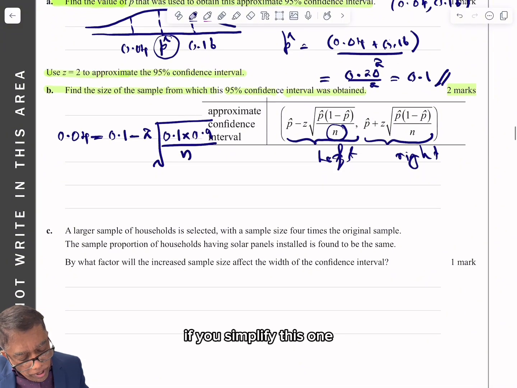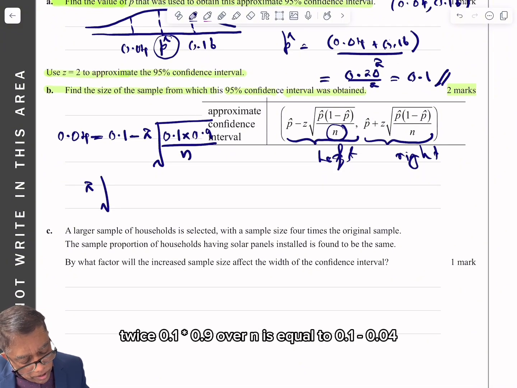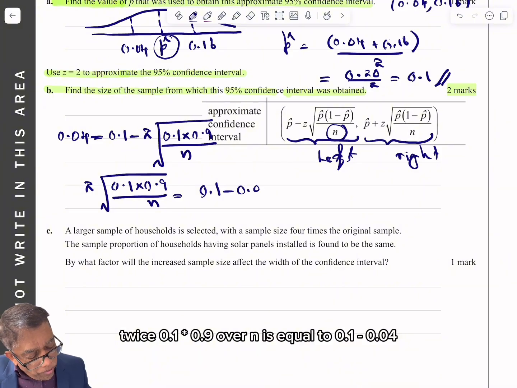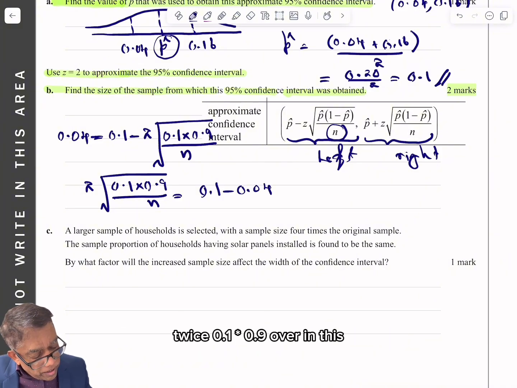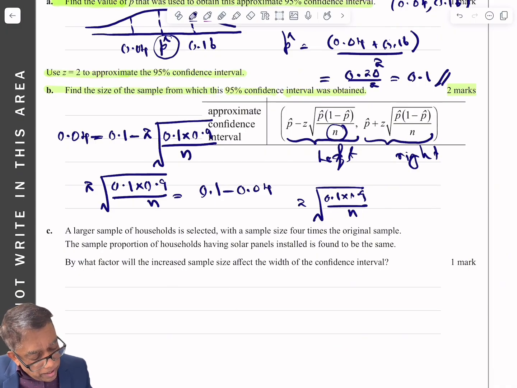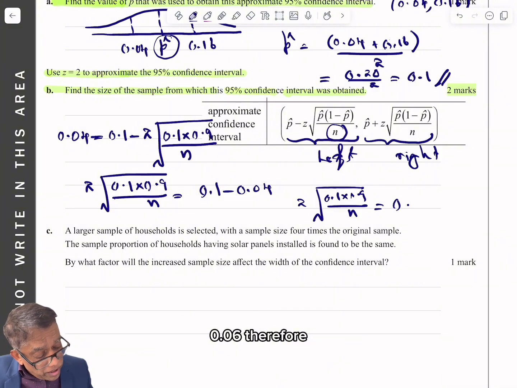If we simplify this, twice the square root of 0.1 times 0.9 over n is equal to 0.1 minus 0.04, which is 0.06.